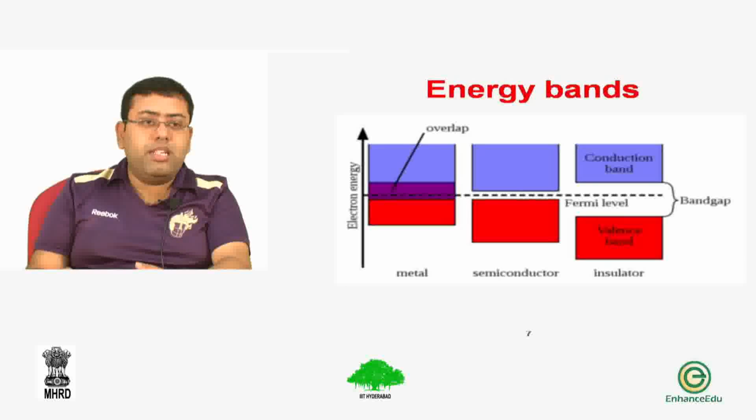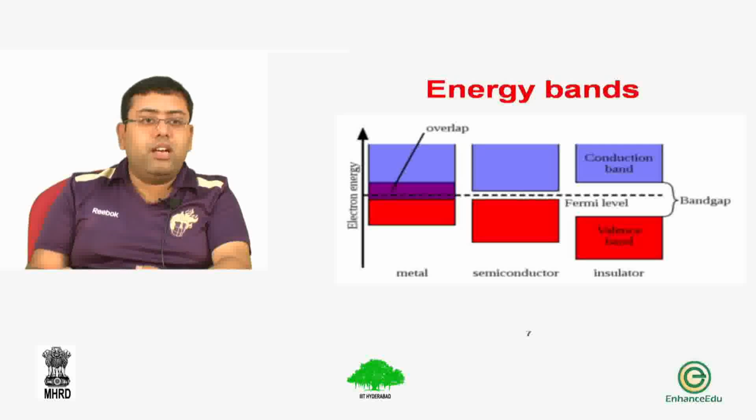So here is basically the energy band diagram of the 3 different types of materials: metal, semiconductor, and insulator. In case of metal, as you can see, there is an overlap of the valence band and conduction band, which leads to the fact that there are free electrons available at all temperatures. In case of semiconductors, there is a gap between the valence band and the conduction band, which means that the charge carriers located at the valence band require some energy to get promoted to the conduction band, at which they are free to move.